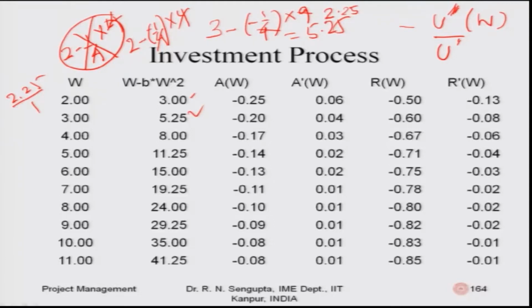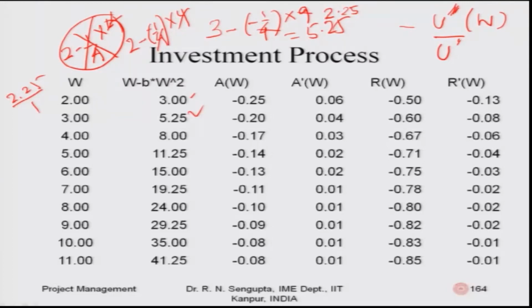Now, if I want to find out the value of r, as you know, r is basically a multiplied by w. So, a multiplied by w will be 2 multiplied by minus 0.25, which is minus 0.5. Let us take another value.